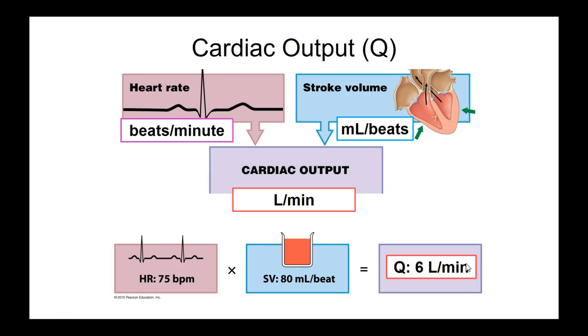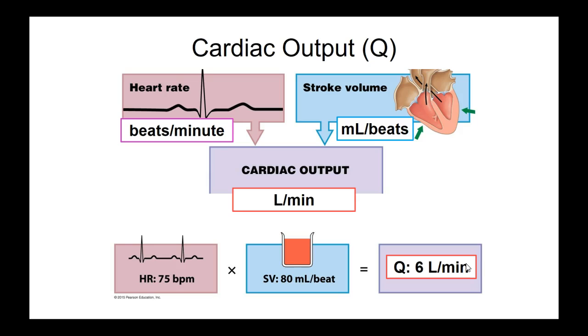Now, let me write a few things on the board that hopefully will help people out. Blood pressure is cardiac output times peripheral resistance. Cardiac output, what was that? That was heart rate times stroke volume.